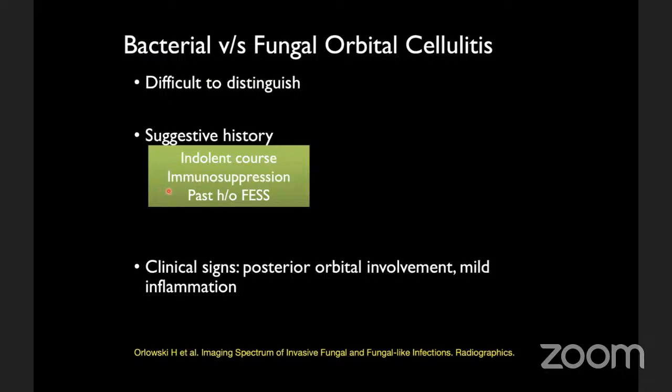So they have a much more indolent course, and invariably a history of immunosuppression can be elicited, and there could be a history of functional endoscopic sinus surgeries. When we image cases where we're suspecting a fungal etiology, there would be more involvement of the posterior orbit. And usually the inflammation is slightly lesser compared to a bacterial inflammatory episode.